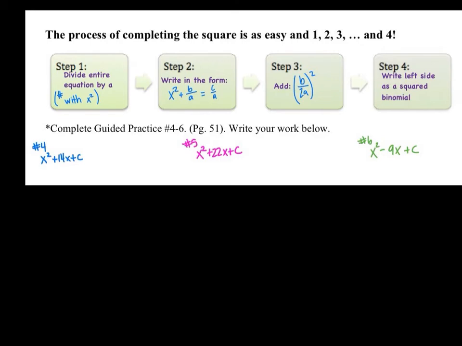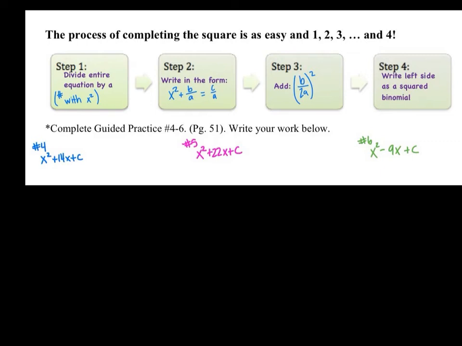So once you have your lead coefficient of 1, that's what it's saying here. We've divided by that a. We want to subtract the c term over. That c term needs to get moved to the other side so we can find the term that's going to make it a perfect square trinomial.